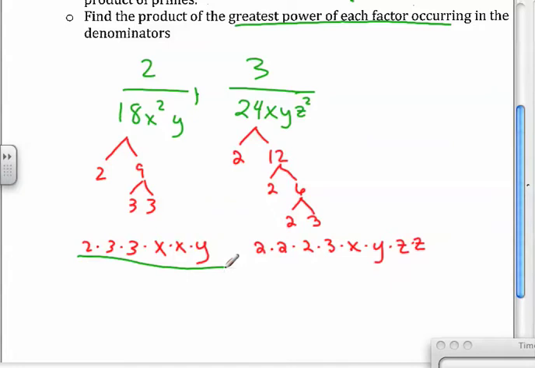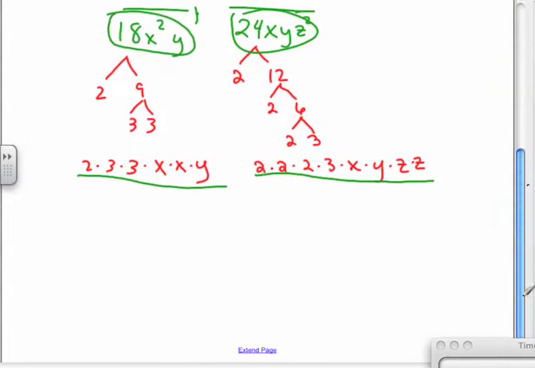This is the recipe for this denominator, that number. It always works. These are the parts that make that number. These are the parts that make this number. Now, I need parts in the least common denominator in order to make both of them.